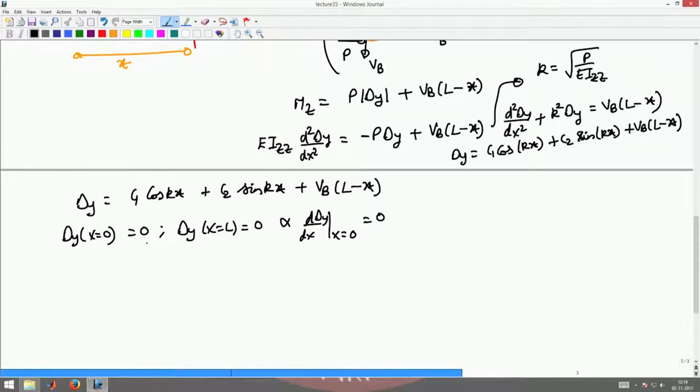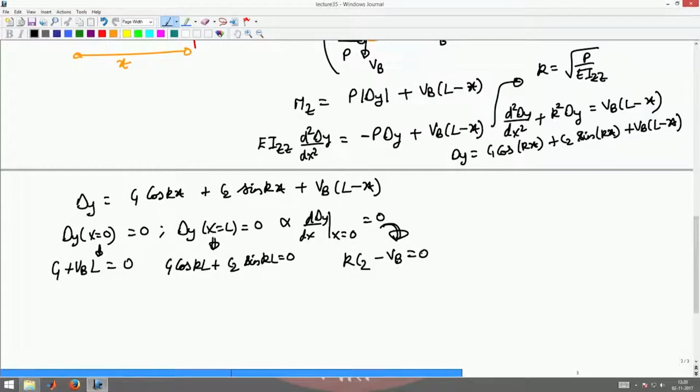Delta y at x equal to 0 tells us that C1 plus Vb into L must be equal to 0. Delta y at x equal to L equal to 0 implies C1 cos kL plus C2 sin kL has to be equal to 0. And the condition on the derivative tells us that C2 k minus Vb has to be equal to 0.